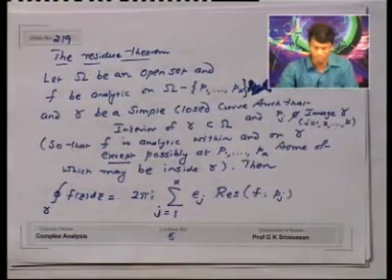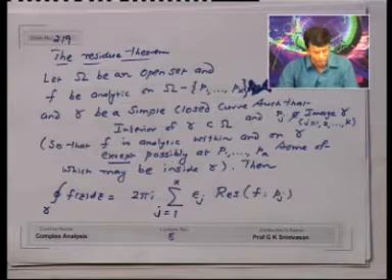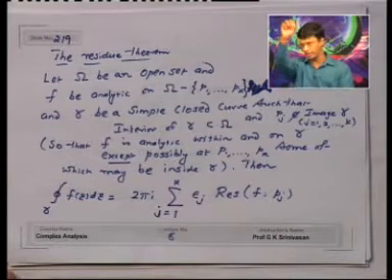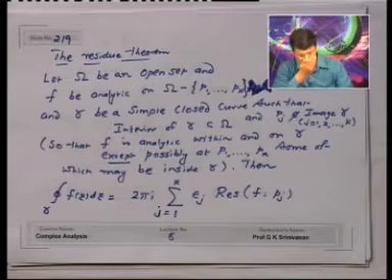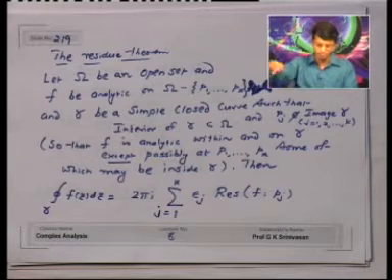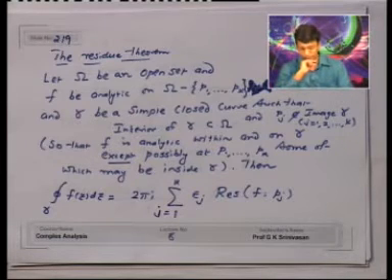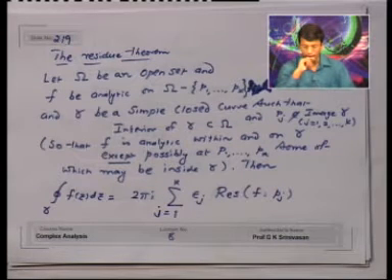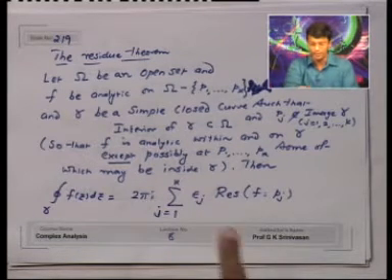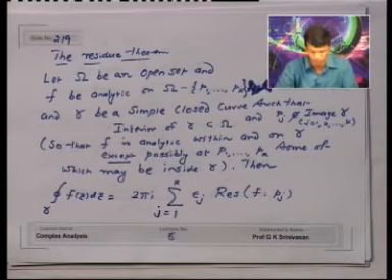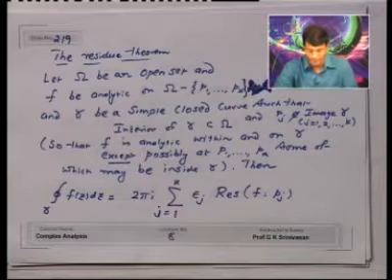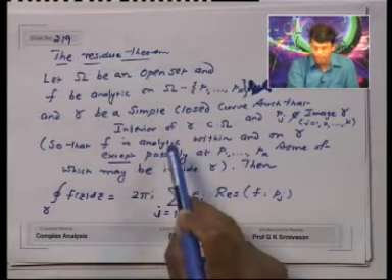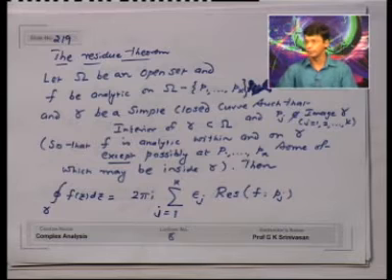So you take a function which is analytic in omega, remove finitely many points of omega, and take a simple closed curve such that the interior of gamma is contained in omega and gamma is not passing through any of these troublesome points. So the interior of gamma is completely contained in omega, correct?